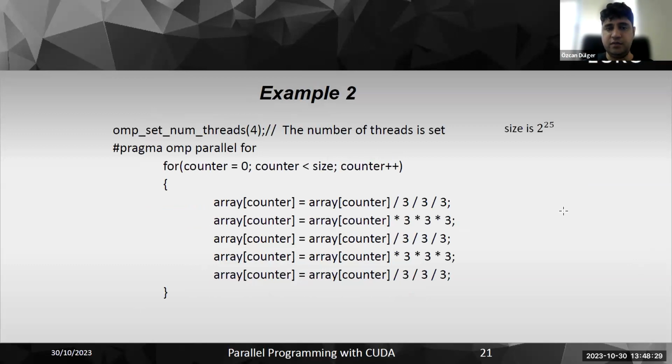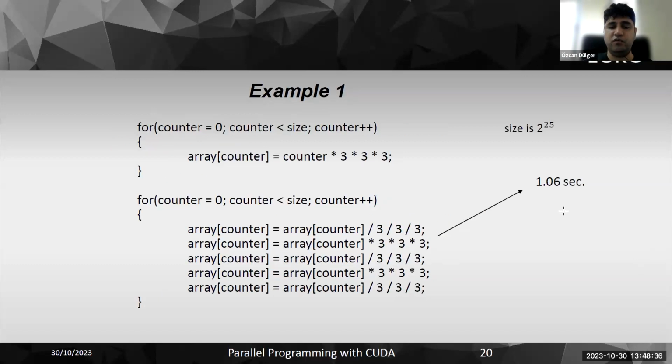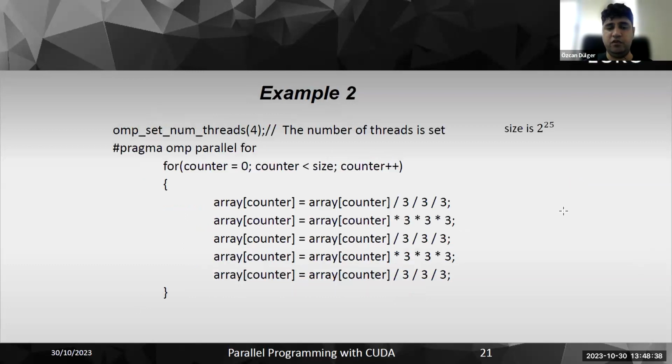And in our second example, here we set the number of threads to 4 and we distribute the workload of this second for loop to the threads evenly. This is an OpenMP pragma, and with this pragma, the workload of the for loop is distributed among the threads.